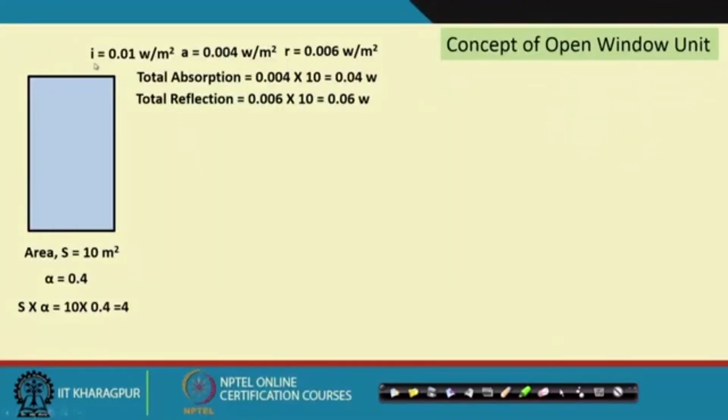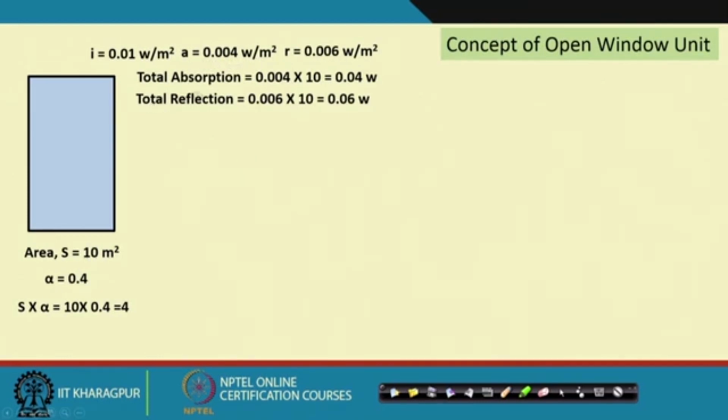If the incident energy density is 0.1 watt per meter square, it will reflect back 0.06 and absorb 0.04.